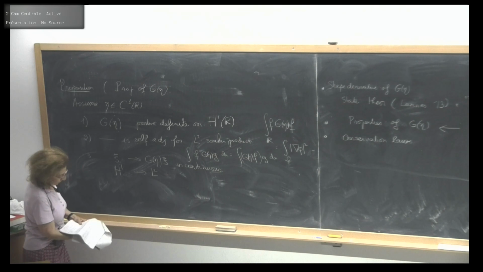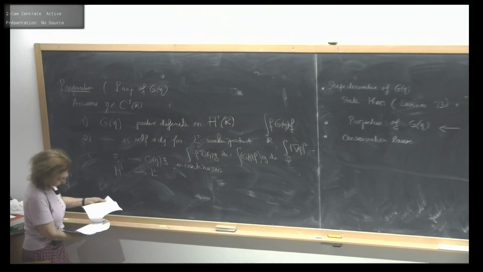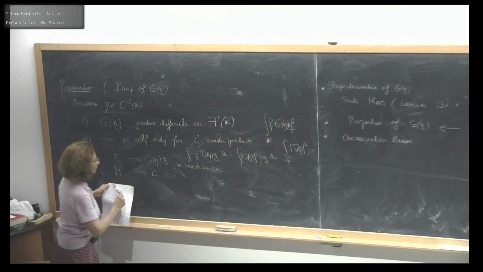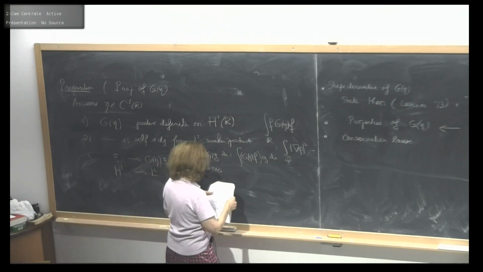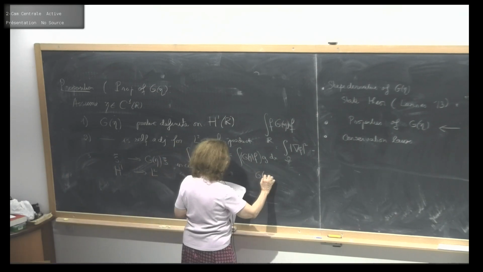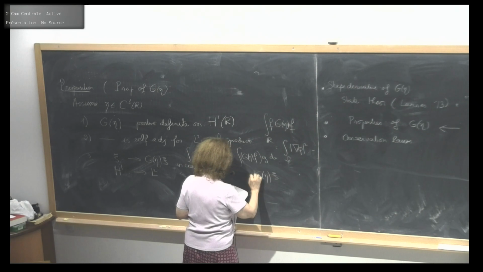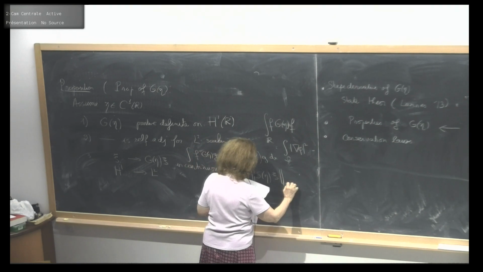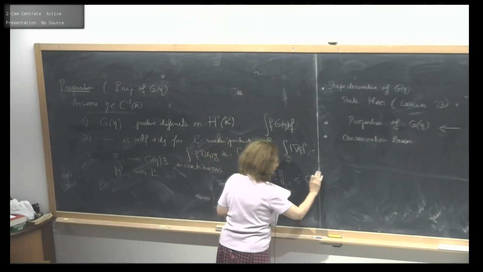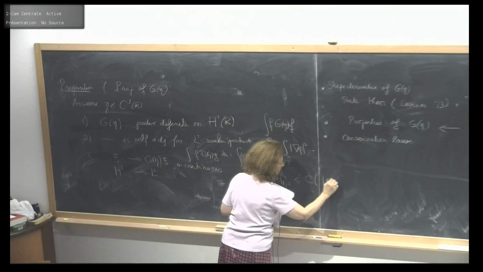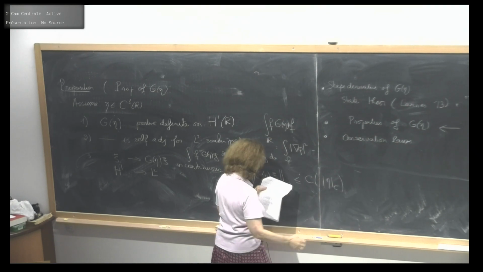And so we have, for example, the bound that the L2 norm of G(eta) psi is bounded by a constant that depends on the C1 norm of eta.